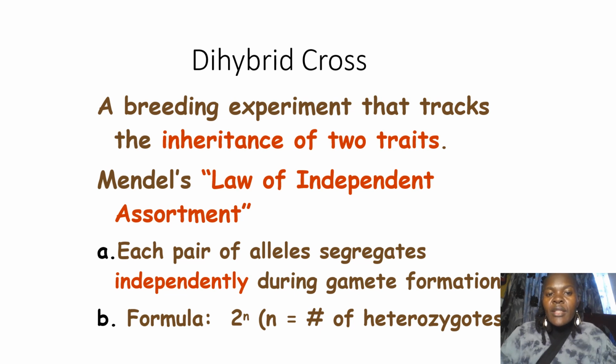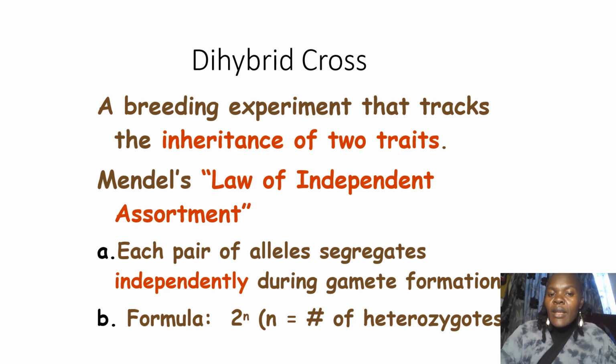So it tracks the inheritance of those two traits. We're talking about two genes controlling them. Each of the genes has two alleles. We're talking about a biallelic system. The alternate forms of those genes have the contrasting trait, so they will control those two traits, and those genes will independently segregate. So that is what is known as the law of independent assortment.